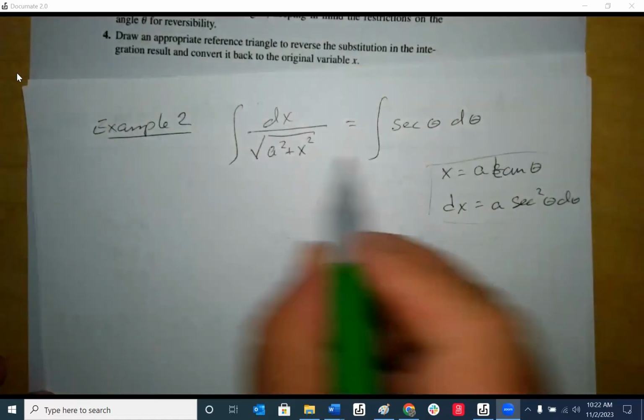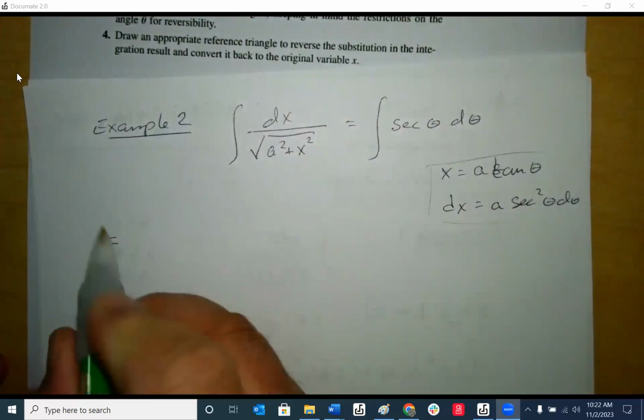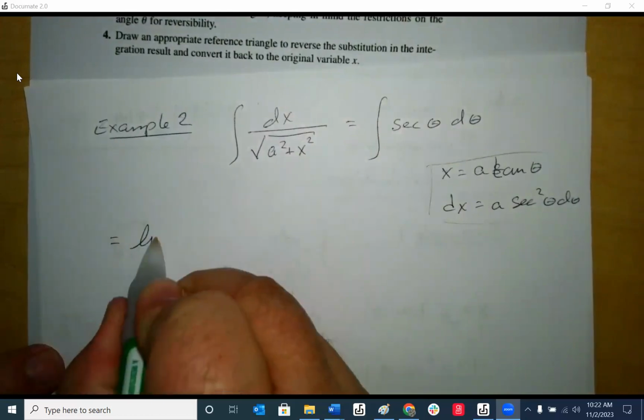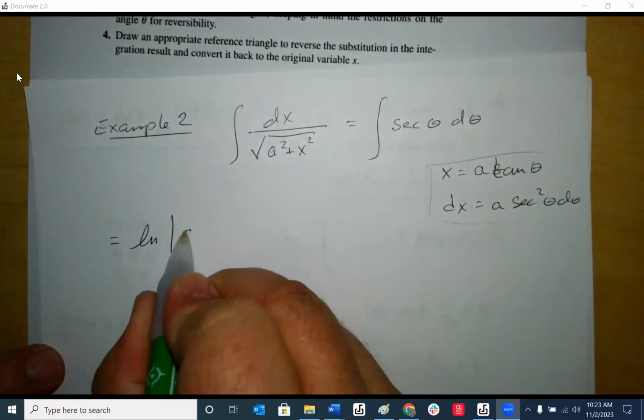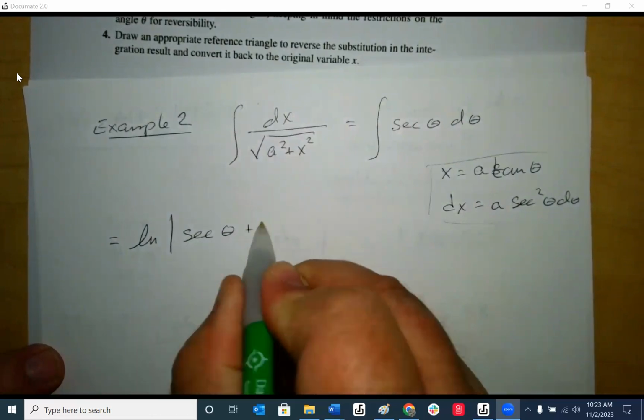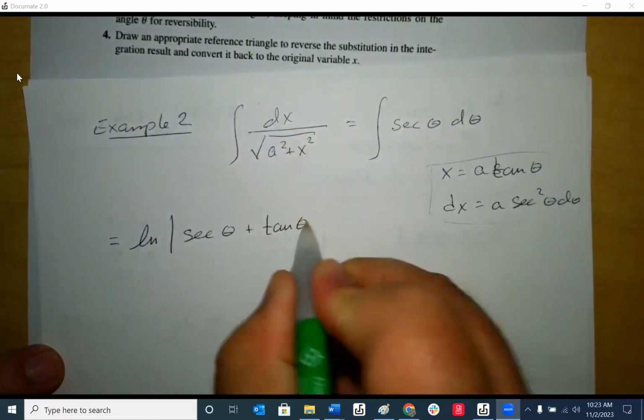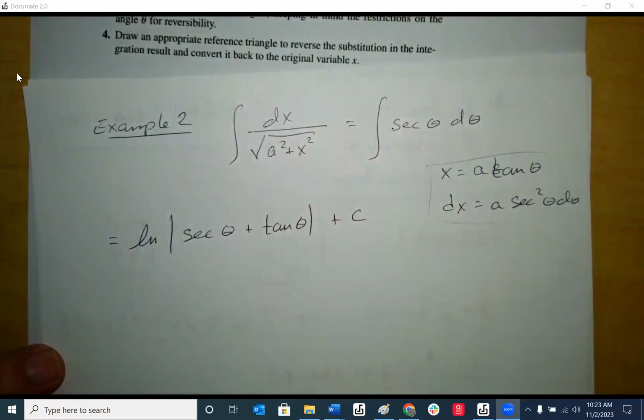So our integral of secant, which we saw earlier also, is ln of secant theta plus tangent theta plus our constant.